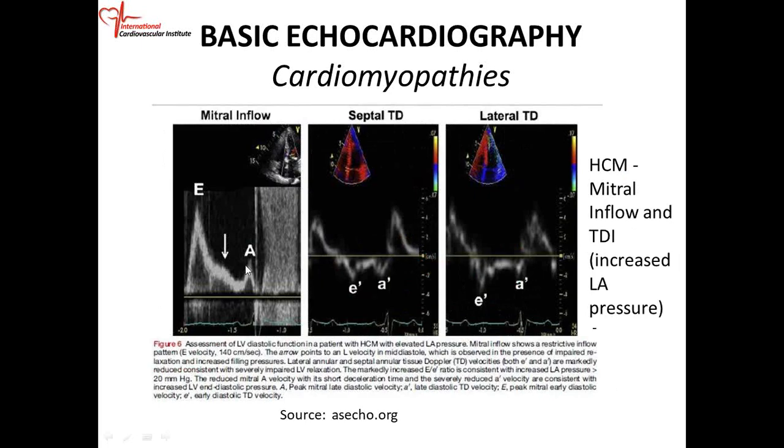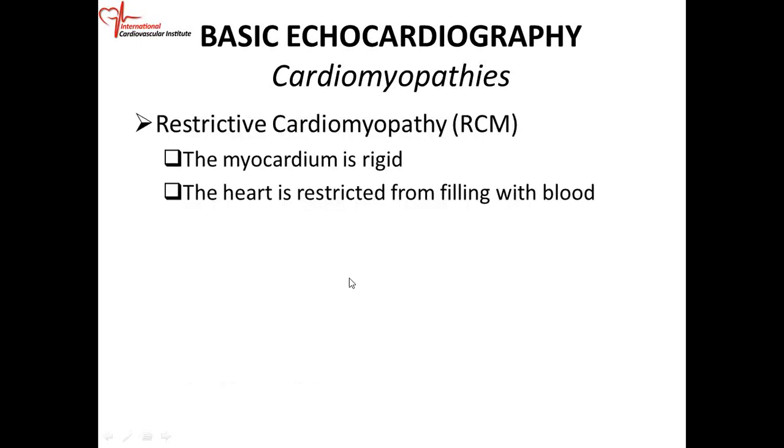So it's not uncommon to get a big E and a small A. Okay, so it may be a pseudo-normal pattern, but if your E to A ratio is greater than 2, then that's your restrictive physiology. You may get your so-called L wave, suggesting elevated filling pressures. Again, you're going to get very reduced E prime because it's a muscle disease.